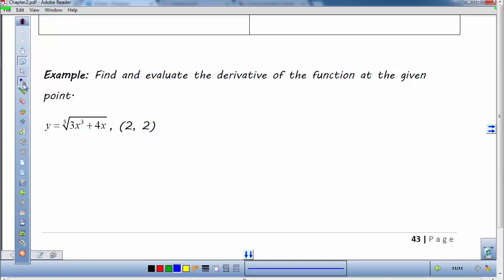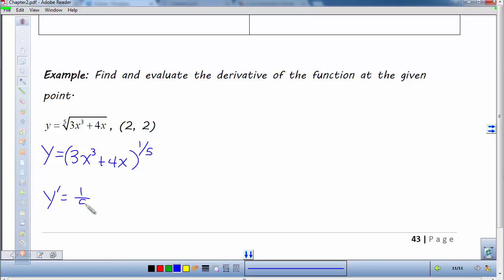Very good point. All right, so I'm going to rewrite this first. We have y equals 3x cubed plus 4x raised to the 1/5. So the derivative, bring the 1/5 out front. 3x cubed plus 4x.